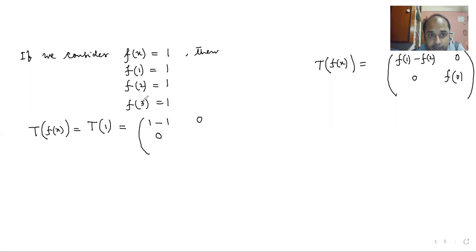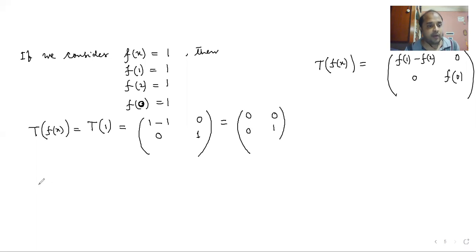Sorry, that will not be a 3, that should be 0, because here we have 1, 2 and 0. Therefore T of 1 becomes 1 minus 1, 0, 0, and f of 0 equal to 1. So this is equal to 0, 0, 0, 1.